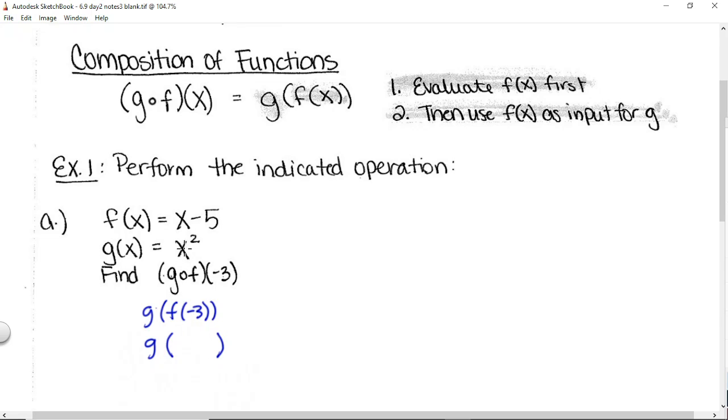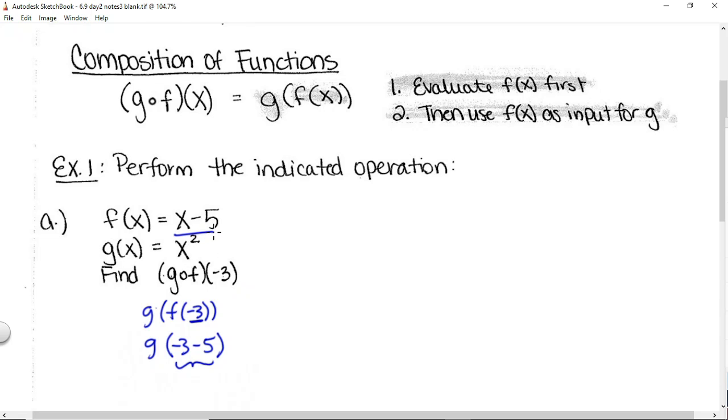F of negative 3 is negative 3 minus 5. So how did we get that? Well, f of x is x minus 5, right? And what did we plug in for x? We plugged in negative 3. So this is it down here. That's f of negative 3, right?